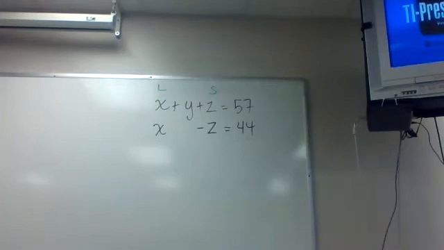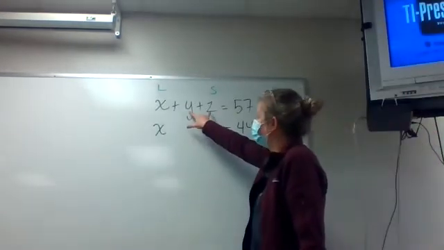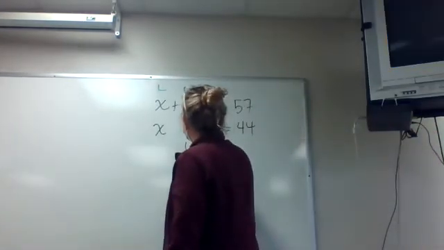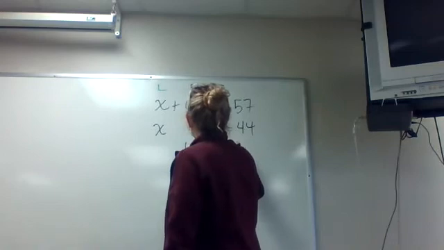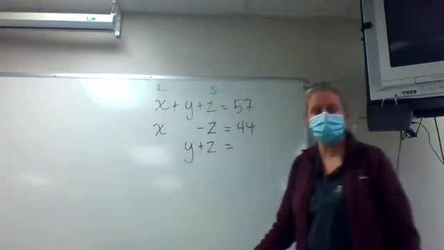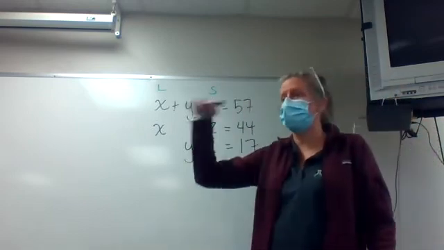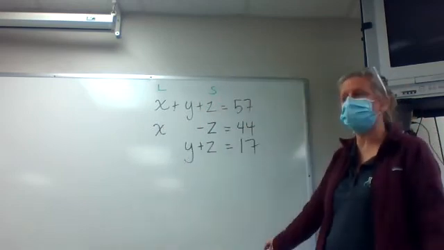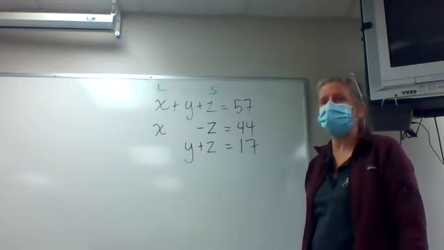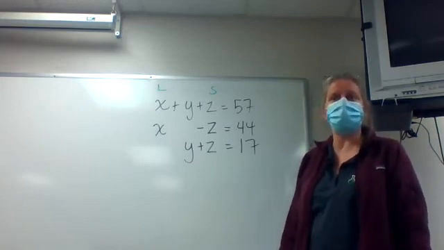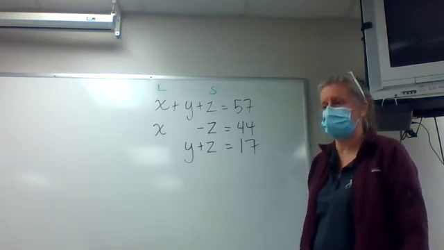The last statement says the sum of the 2 smaller numbers is 17. So which one are the 2 smaller ones? So, the sum of them, so Y plus Z is 17. So you had 3 statements that you translated into equations. Now I can use my matrix to solve for X, Y, and Z.